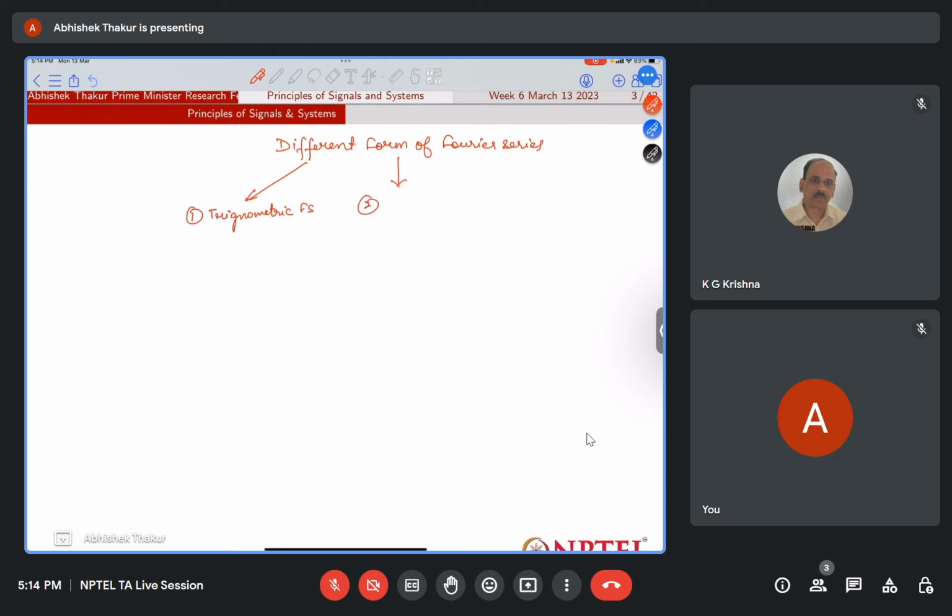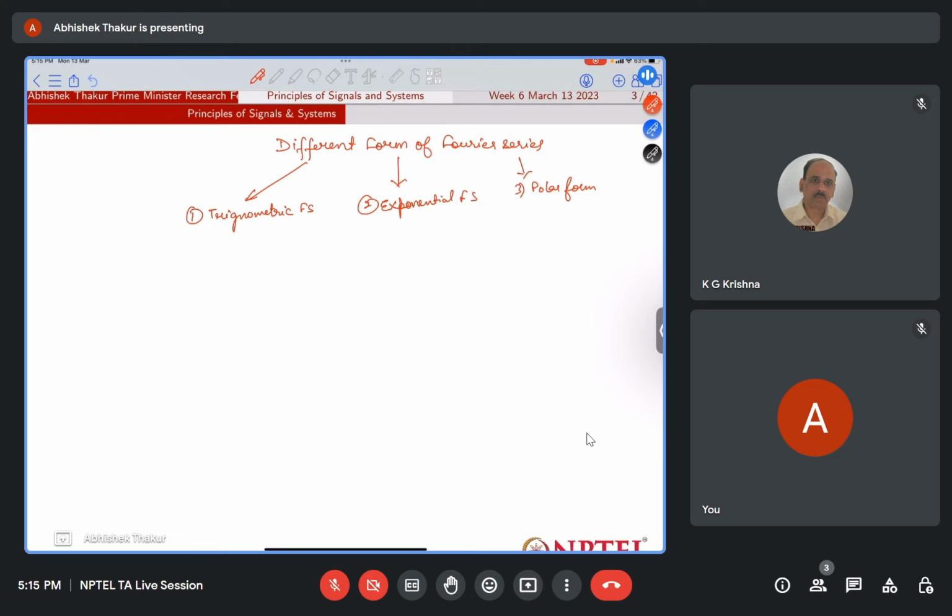The second one is the exponential Fourier series, and the third one is the polar form. So we'll see the basics of each of the three, and after that we'll solve many questions based on this.